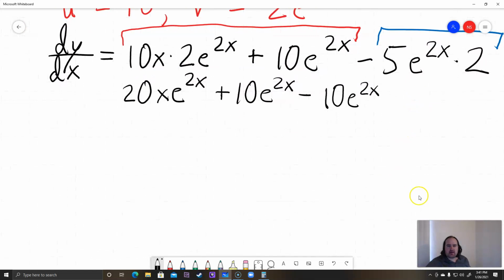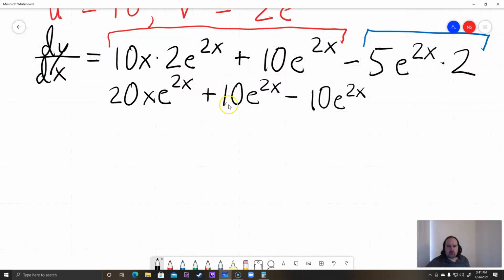So we have 20x e to the 2x plus 10 e to the 2x minus 10 e to the 2x. And then we can see that the 10 e to the 2x and the minus 10 e to the 2x are like terms and they're opposites, so they cancel out. Okay, so we're left with 20x e to the 2x as our answer.